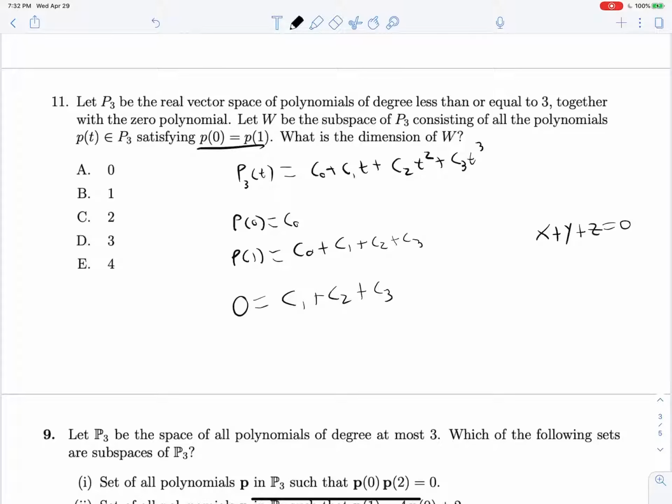That's a plane, a 2-dimensional plane in R3. So you might look at this, knowing that, and say, okay, then this must be 2-dimensional. But what you'd be missing is that there's another variable that we're not seeing here.